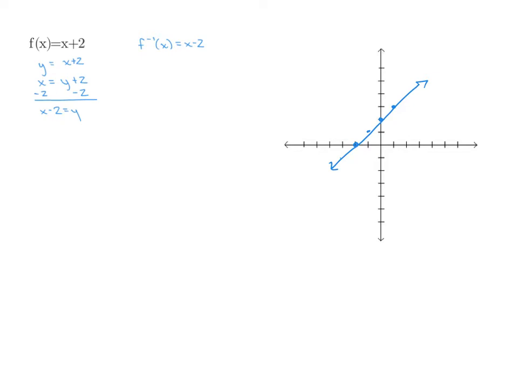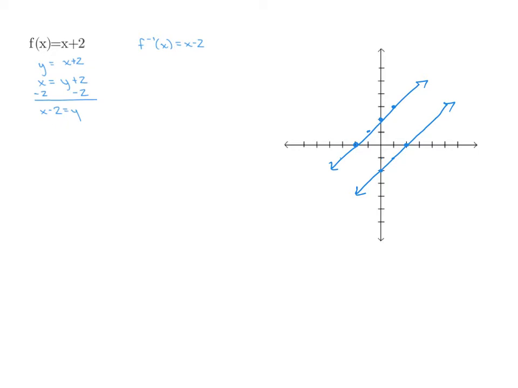Okay, let's go ahead and graph x minus 2. We have a y-intercept of -2. We also have a slope of 1. So when we graph it, we get something that looks like this.